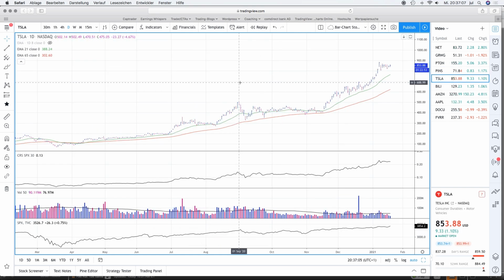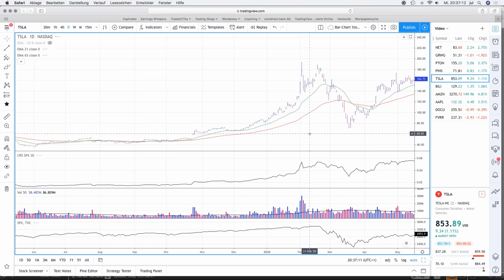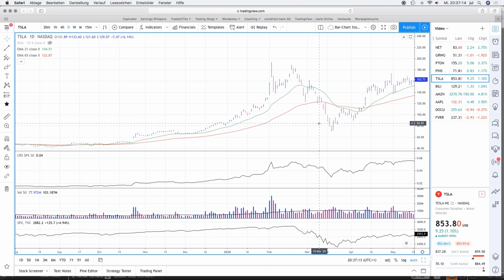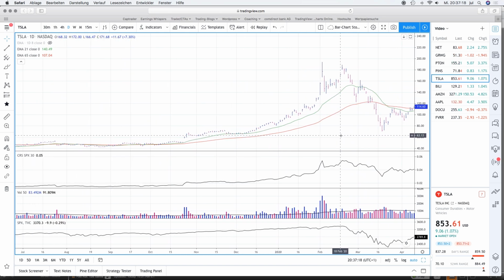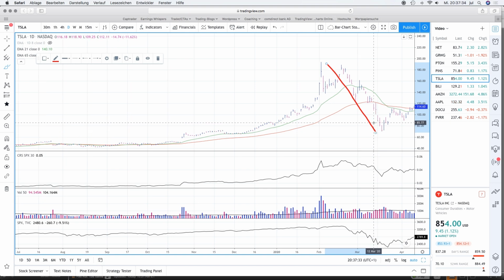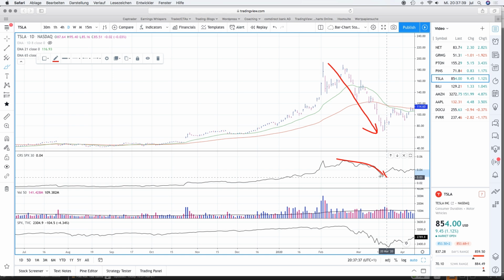Tesla, I also want to show you Tesla during the market correction, because it shows you a very similar situation as we saw in NET and also in Peloton here. You can see a very, very strong correction here in Tesla during the market correction. But if you look at the RS line, in comparison to this very strong correction, the RS line is more or less just pulling back.